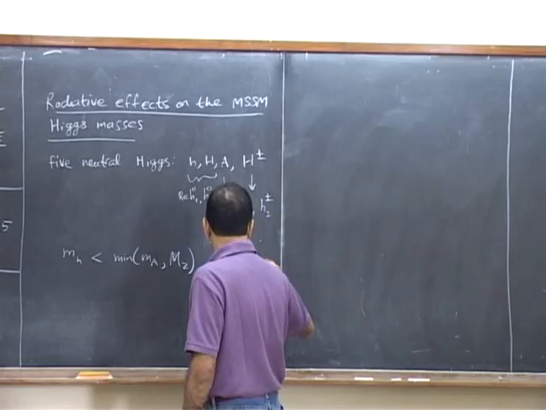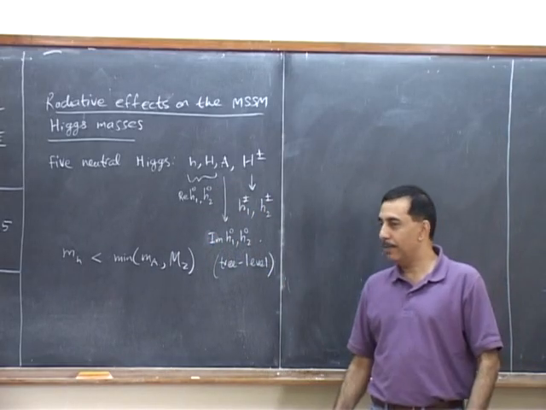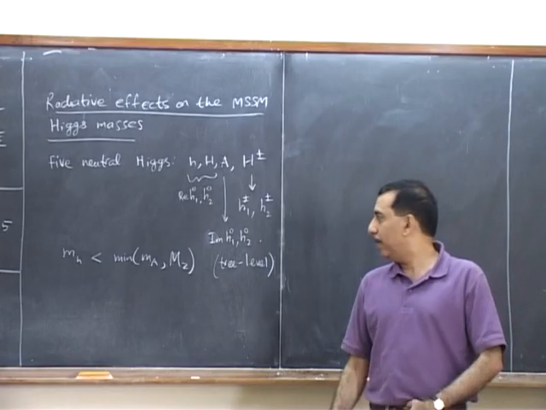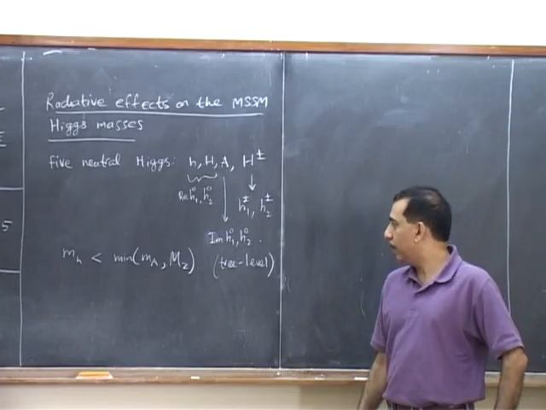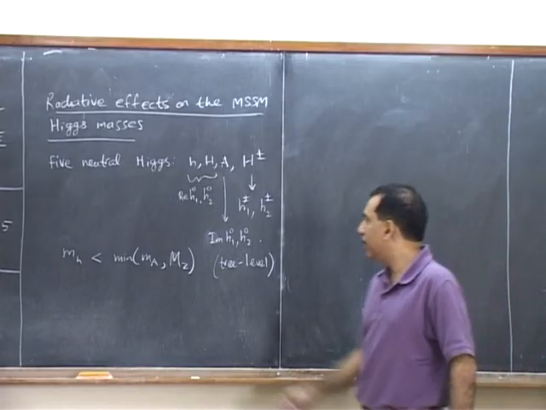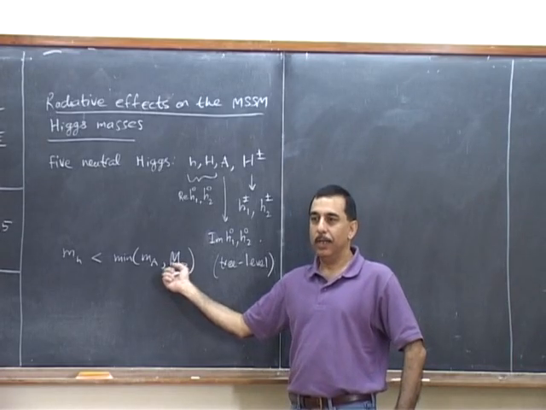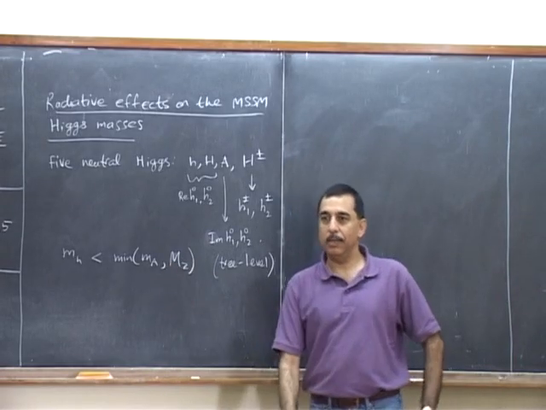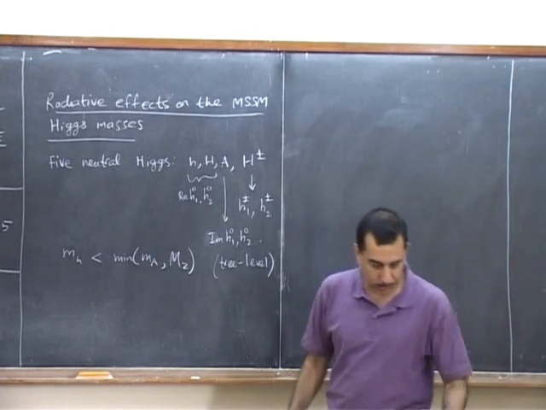And the crucial point here is that tree-level relations among Higgs masses are strongly influenced by loop corrections. We'll see that the influence can be as much as 50%, which means that instead of an upper bound of 91 GeV, it could go up to as high as 135, by taking into account loop corrections.